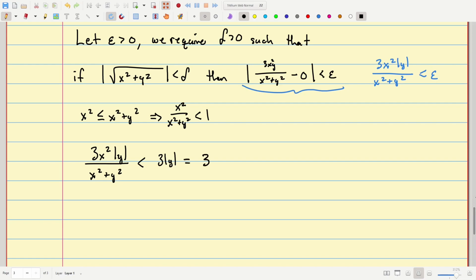The definition, well, at least an equivalent to the absolute value of y, is the square root of y squared. These are equal, right? This is less than this, which is less than 3 times delta.